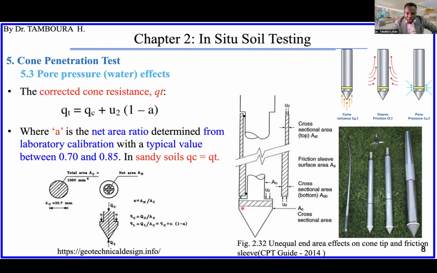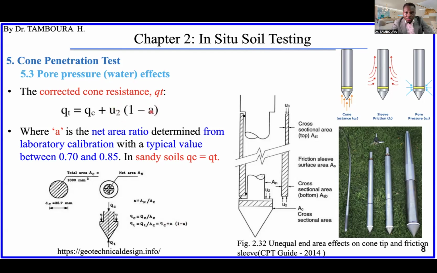Okay, so QC, we did this one last time. The capital Q means it is like force in Newton or kilonewton divided by area. Then you get it in Pascal or kilopascal. So anyway, the corrected cone resistance is the measured cone resistance plus this factor, this coefficient.